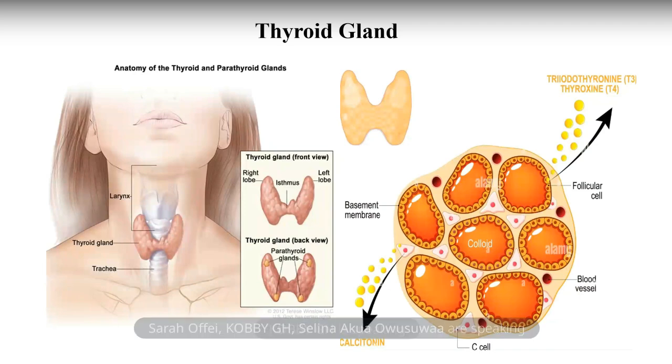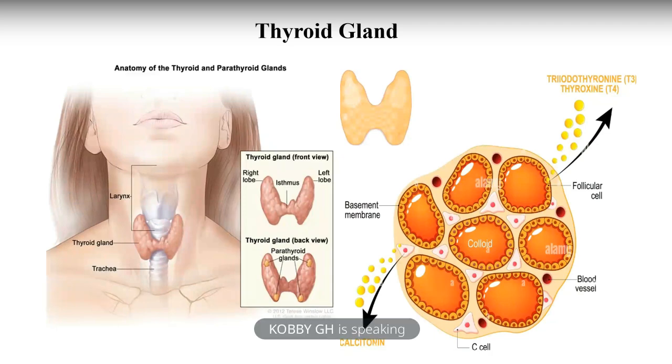Okay, that is fine. So you see the T3, T4 from the follicular cells are responsible for what? Metabolism. And then the parafollicular cells produce calcitonin. They lower your blood calcium level. So when we ask you, what are the functions of T3 and T4? What will be your answer?